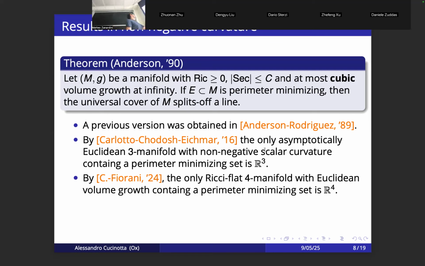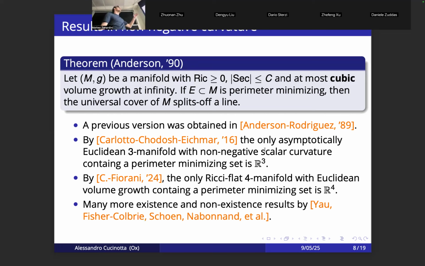And then with Francesco Fiorani, who is also a PhD student in Oxford, we showed that if we have a 4 manifold with vanishing Ricci curvature and Euclidean volume growth, then if there exists a perimeter minimizing set, this manifold has to be R4. So even in this case, there is a lot of additional splitting with respect to what we ask.